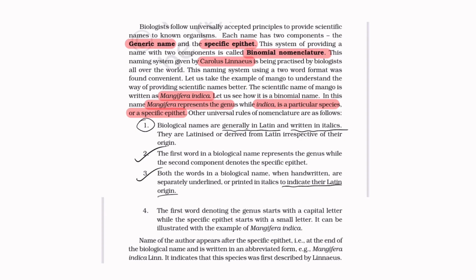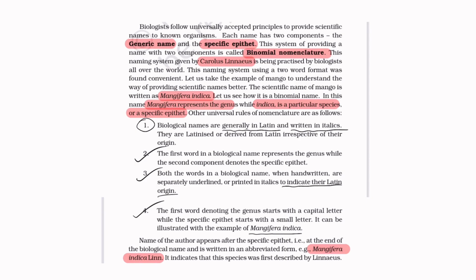The first word denoting the genus starts with a capital letter, while the specific epithet starts with a small letter. It can be illustrated with the example of Mangifera indica. And the last point is the name of the author appears after the specific epithet, that is at the end of the biological name, and is written in an abbreviated form. Example, Mangifera indica Linn. It indicates the species was first described by Linnaeus.